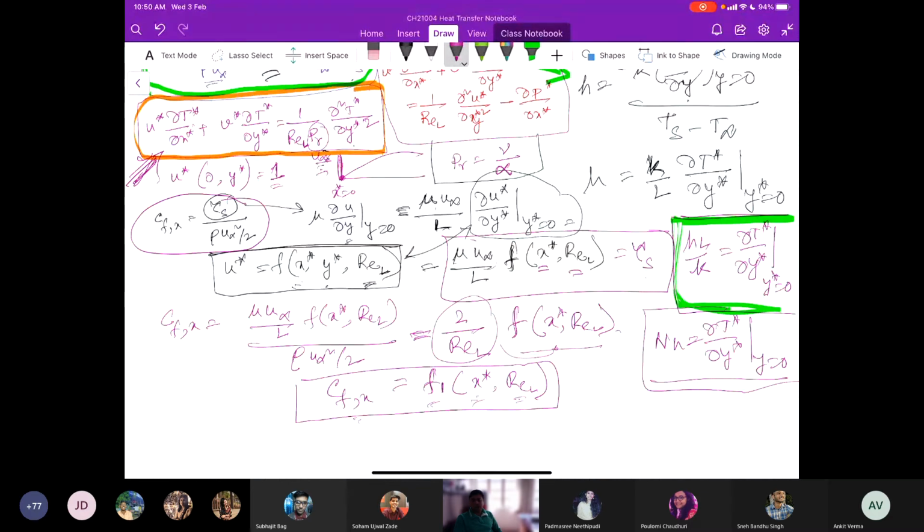Agreed? Yes, sir. Which means if you calculate the Nusselt number, you are basically calculating the heat transfer coefficient.